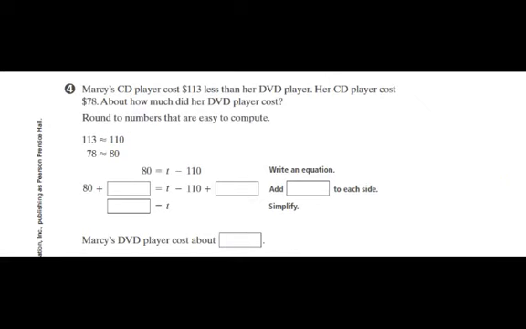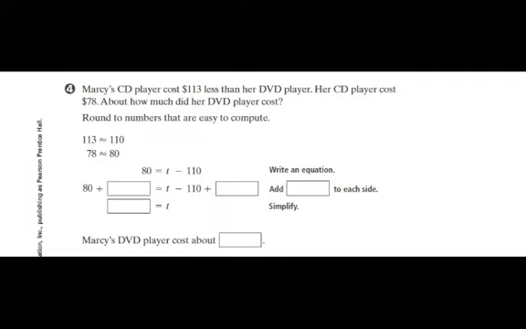Example number 4. Marcy's CD player costs $113 less than her DVD player. Her CD player costs $78. How much more did her DVD player cost? Well, we know that her CD player was $113 less than her DVD player.